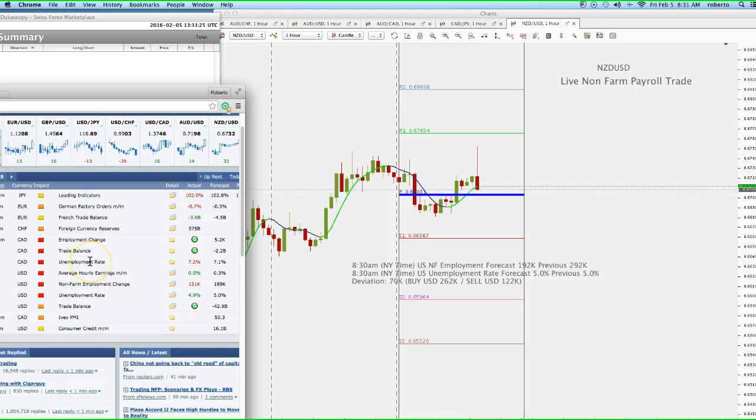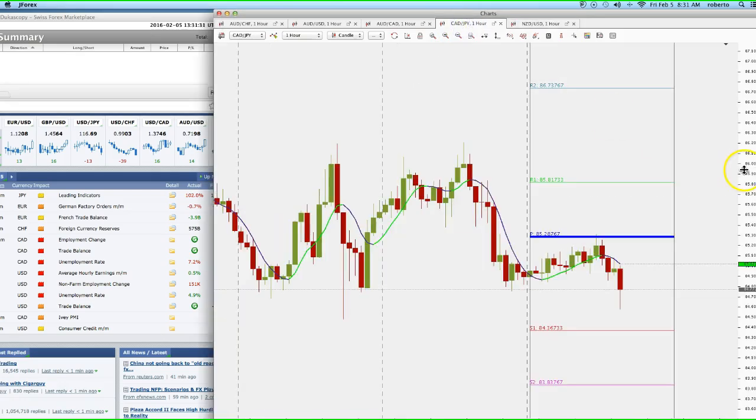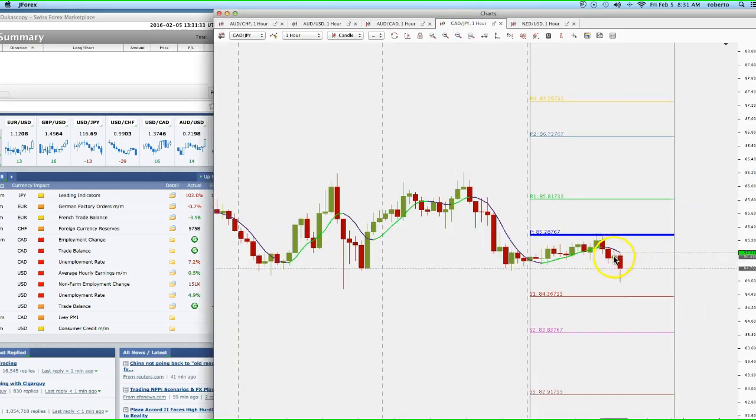The Canadian unemployment rate is 7 point. So let's look at Canadian yen. This is going to be a good trade to take. The Canadian dollar is going down.